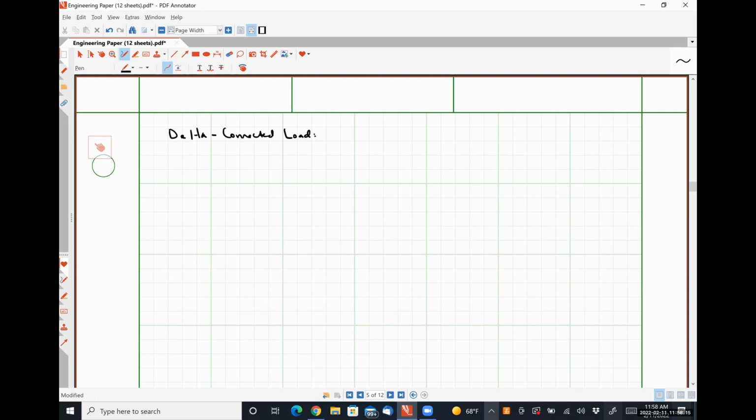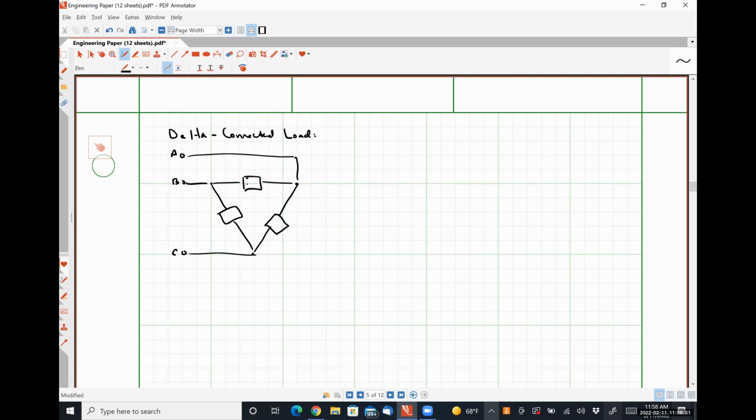So we're going to have that triangle looking shape. Like so.